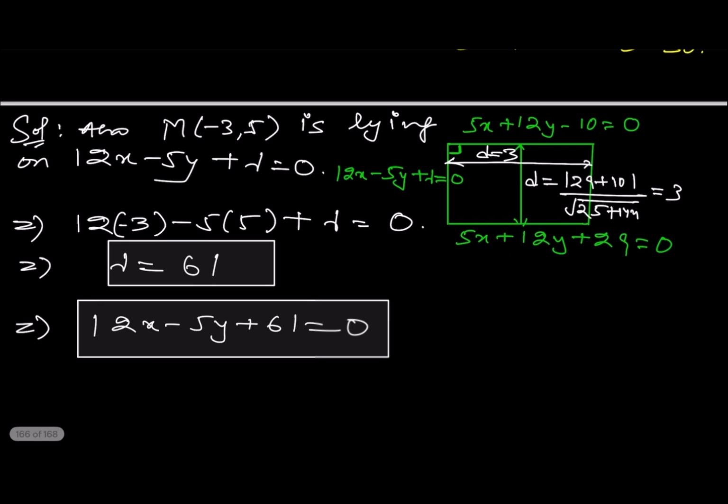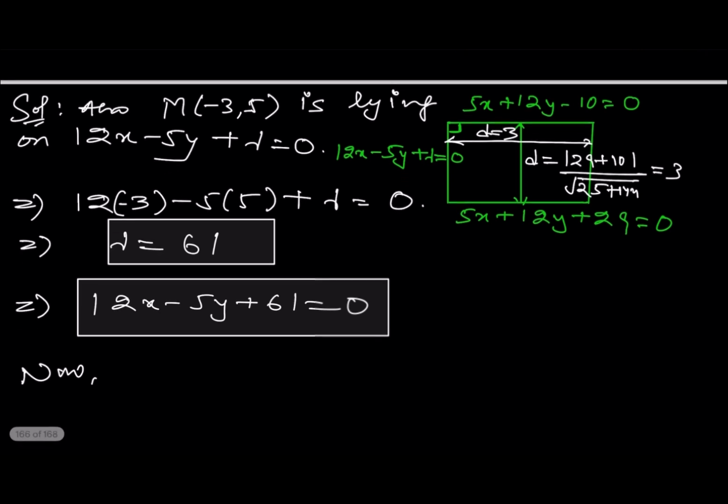Now, using the concept of distance between parallel lines, what we will get? If this line is 12x minus 5y plus 61 is equal to 0, then the other can be 12x minus 5y plus mu is equal to 0. Okay.